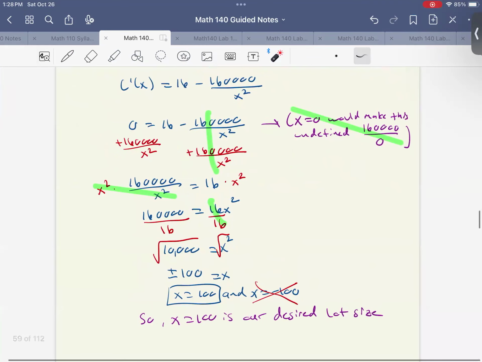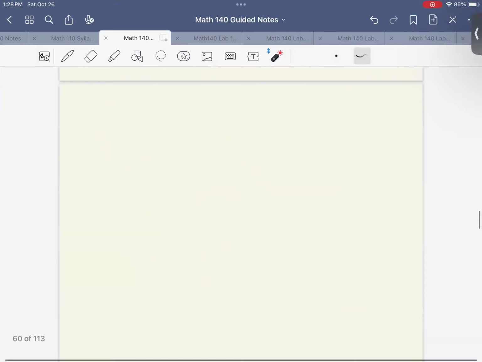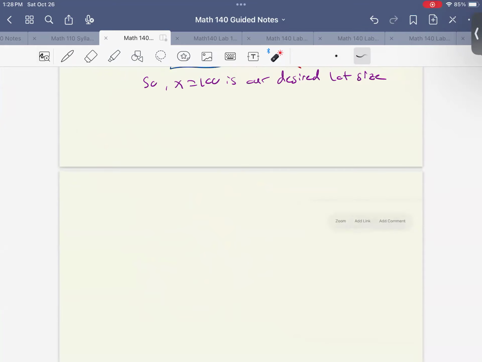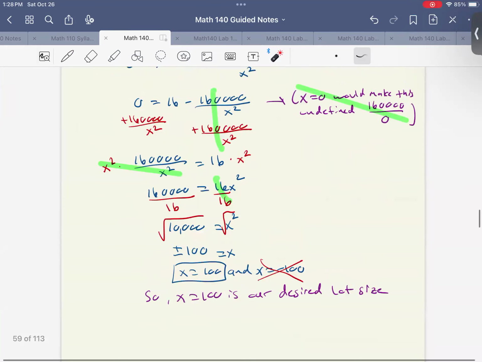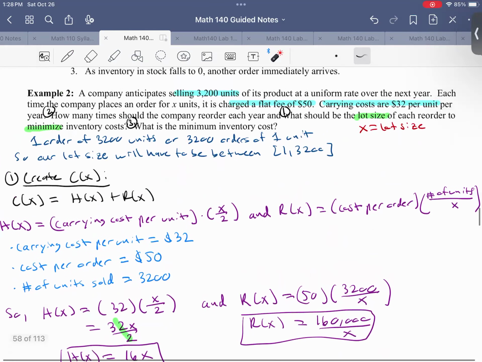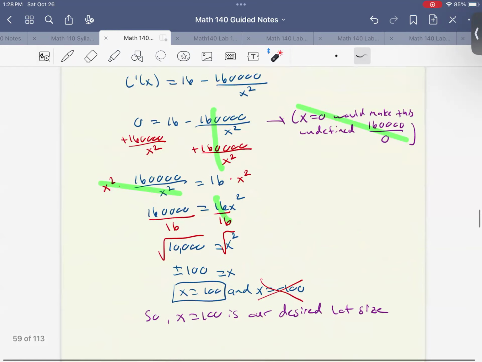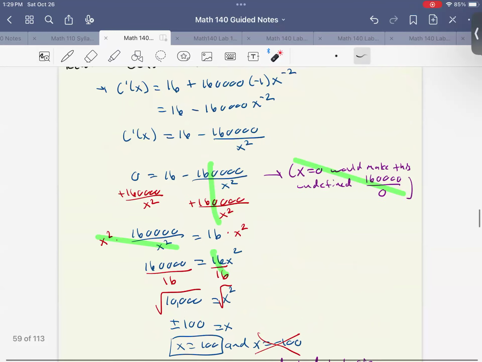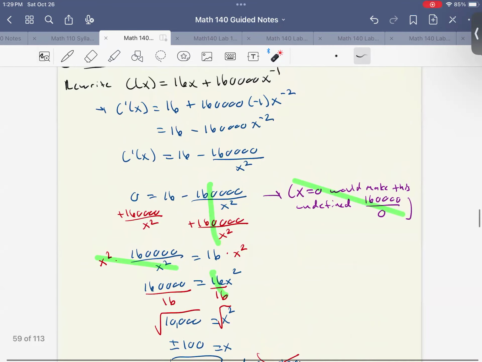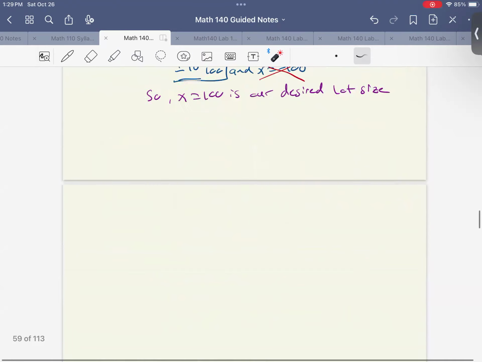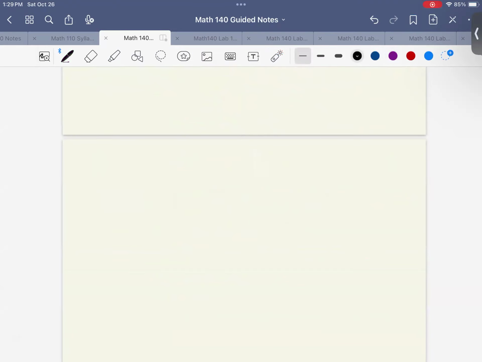Okay, so going to add another page. This is quite a long problem, but the next part is, right, to figure out how many times should the company reorder each year. So what I'll do here is say step 3, number of orders.